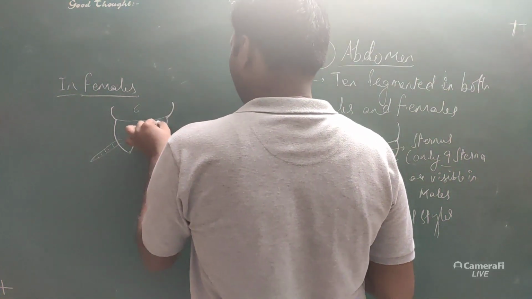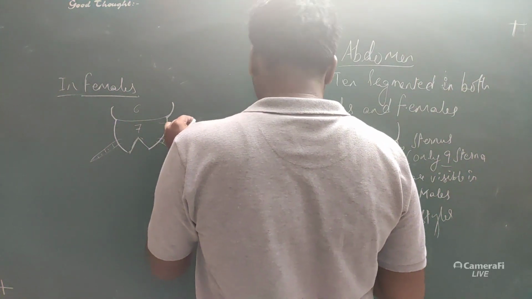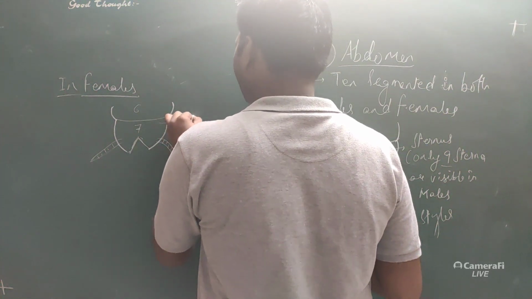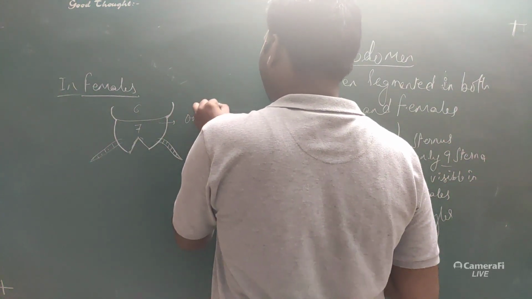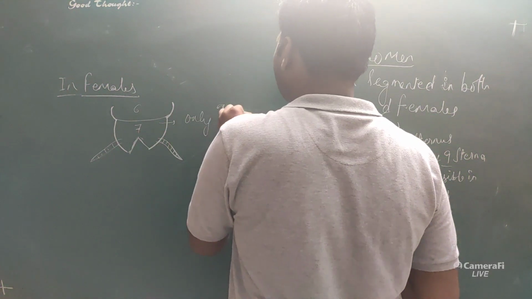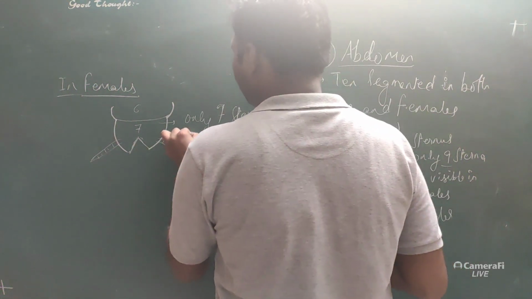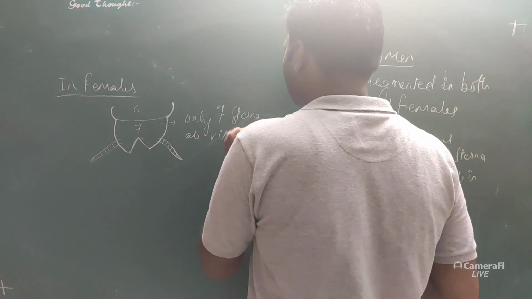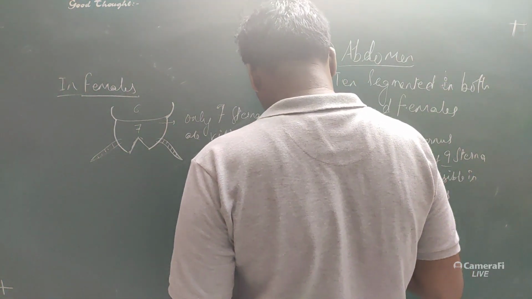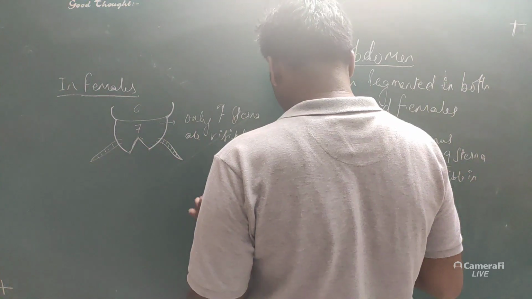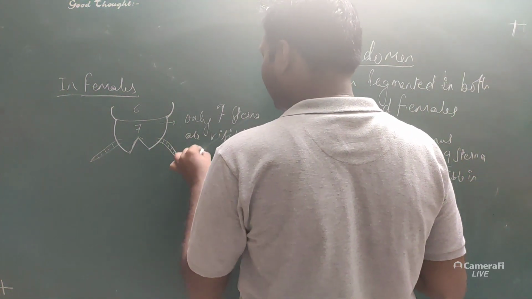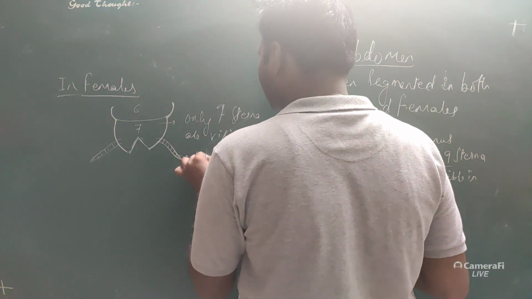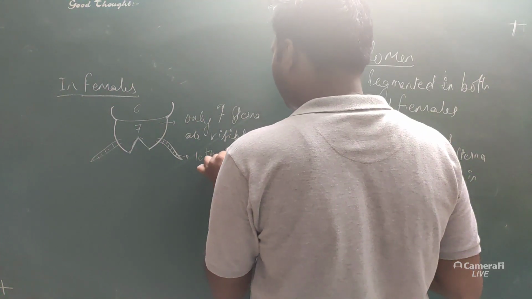On the 7th segment, only 7 sterna are visible. The anal cerci are located on the 10th segment.